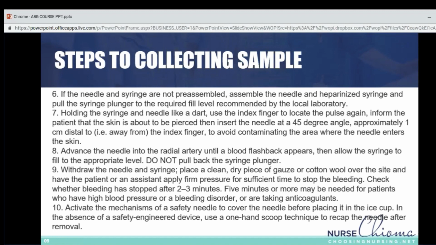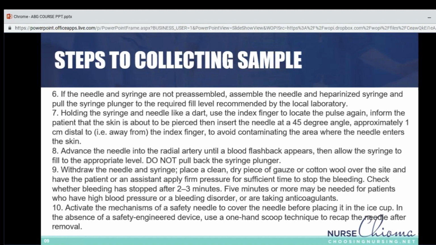Five minutes or more may be needed for patients who have high blood pressure, a bleeding disorder, or who are taking anticoagulants. So definitely don't be in haste. In fact, you should ask about that before you start anything.